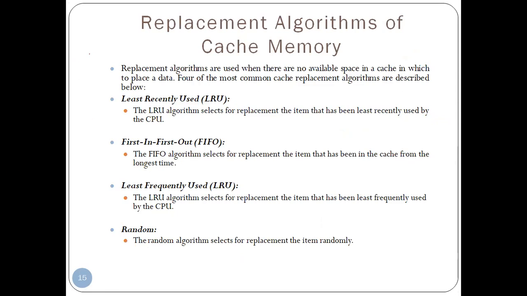Which page we have to remove is decided by page replacement algorithms. What are page replacement algorithms? The first one is least recently used. That means the page which is not used for a long time, that page we can remove.